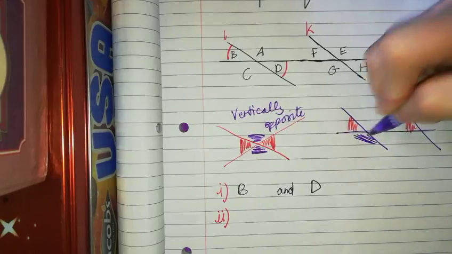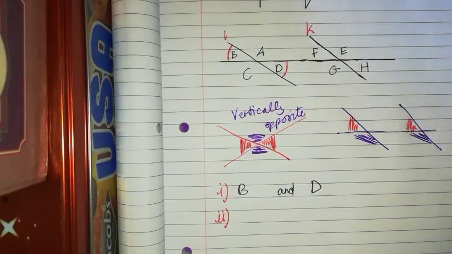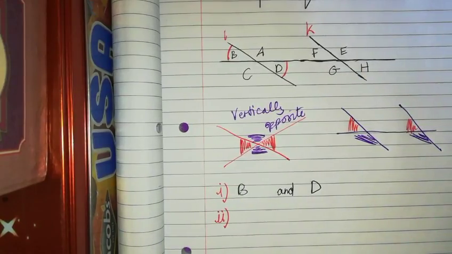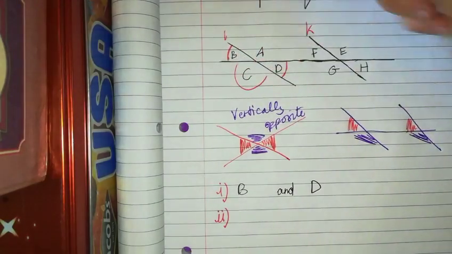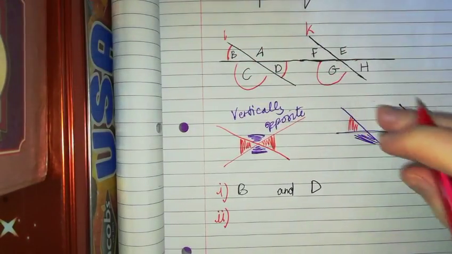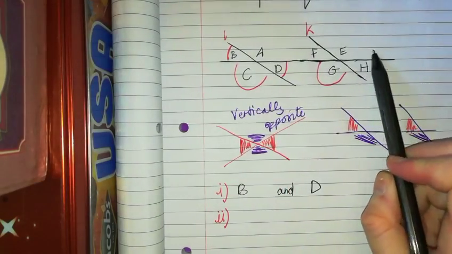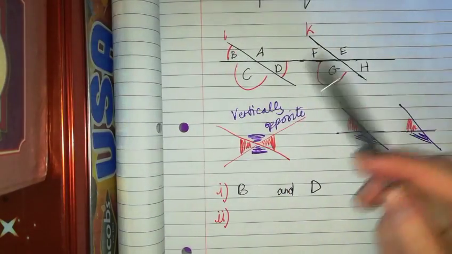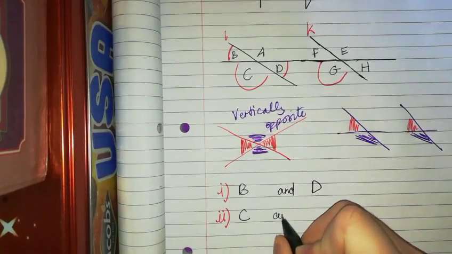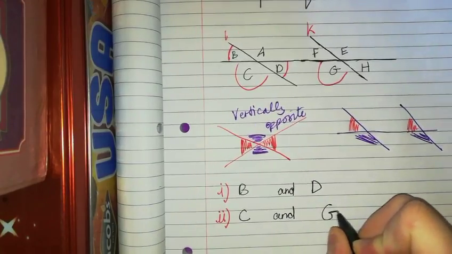This angle is a corresponding angle to this one here. So I could say that C and G are corresponding angles. Or I could have said A and E, or I could have said B and F, but I'm just going to go with C and G. So I'll write C and G.